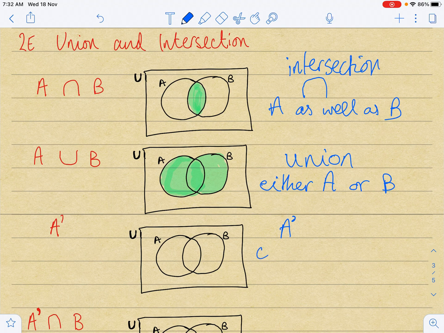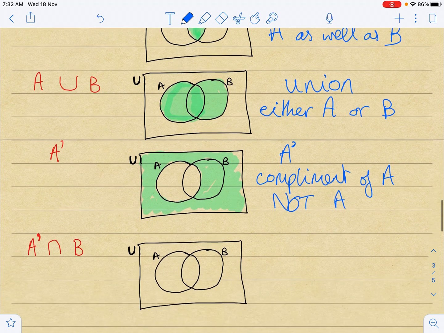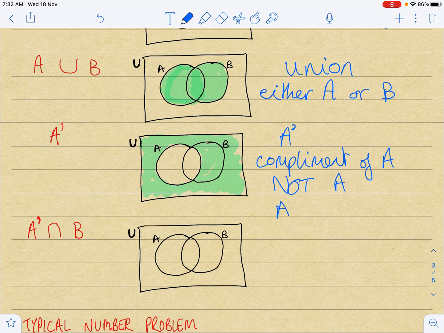And this is the complement of A. And the complement basically means not A. Basically everything that isn't in A. So visually what that means is everything that is outside the A. So everything there is the complement of A. And it's useful to notice that if you have A united with not A, that is everything in the world, the universal set. Okay? You can't have anything that's not in A and not in not A.